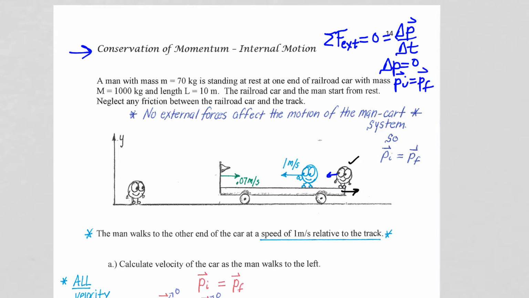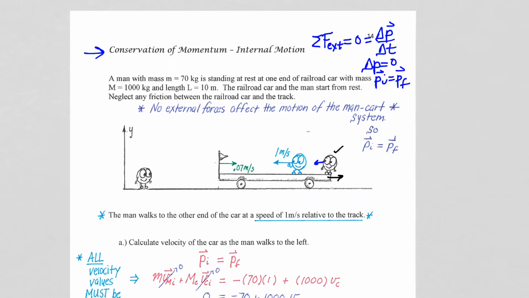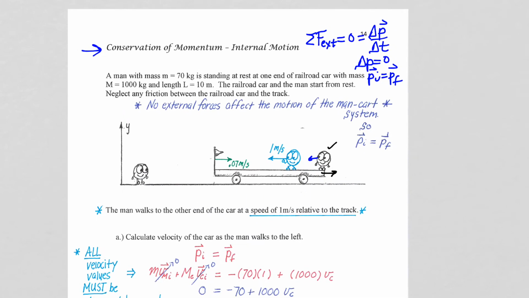And what that means is that if there was no initial momentum, so in this case we are starting from rest, then there has to be no final momentum, and the momentum of the man to the left must at all times equal the momentum of the cart or the platform to the right.